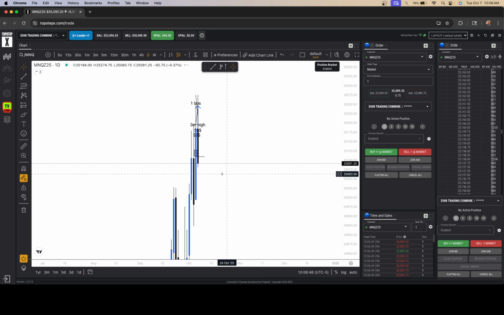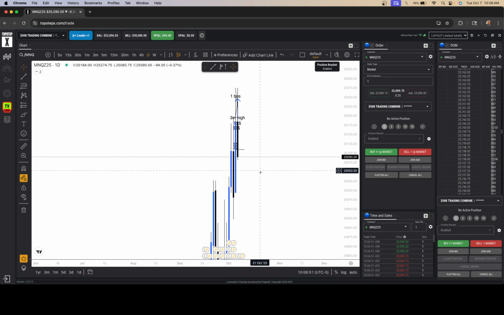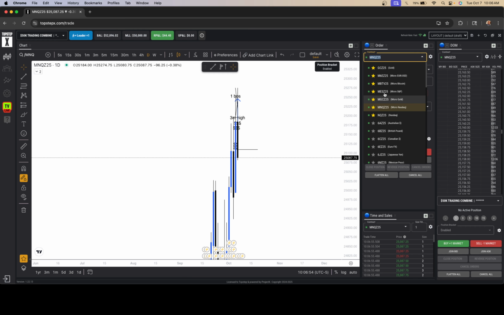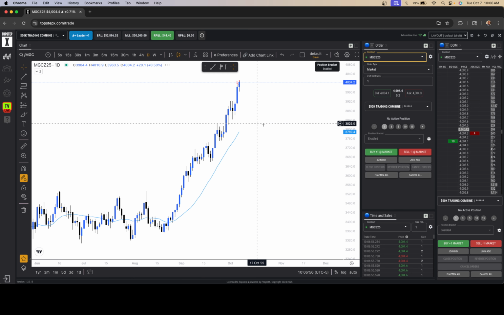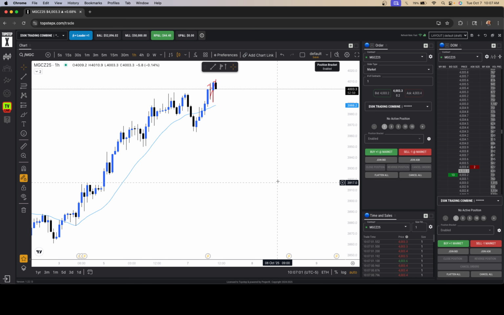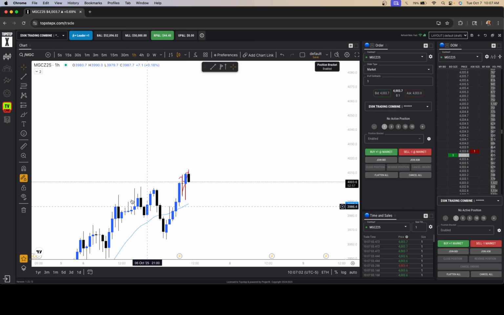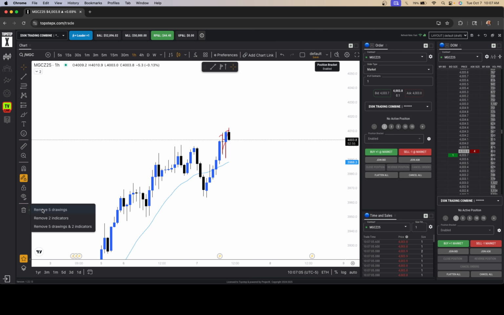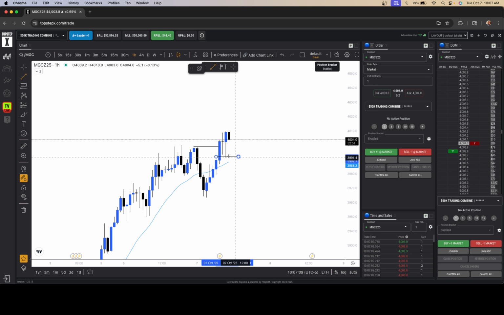Let's see what we got on the daily. Let's see what's going on gold. If we can maybe capitalize on gold, or if gold is already too far gone. We expected bullish price action from gold.